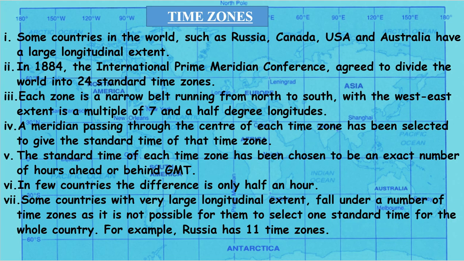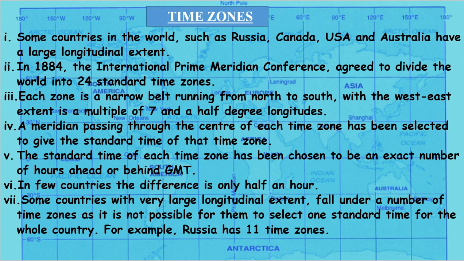A meridian passing through the center of each time zone has been chosen to give the standard time of that place. Okay, and as far as possible, the standard time of each time zone has been chosen to be an exact number of hours ahead or behind GMT.